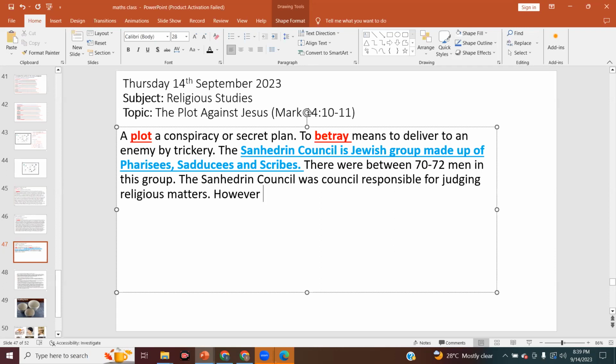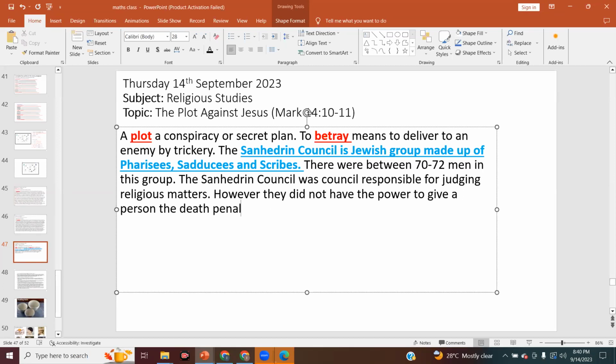However, they did not have the power or authority to give a person the death penalty.